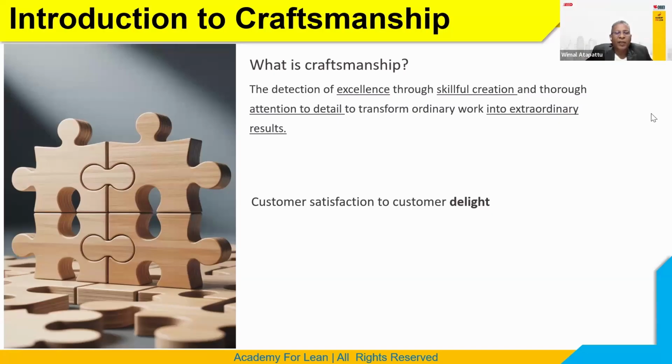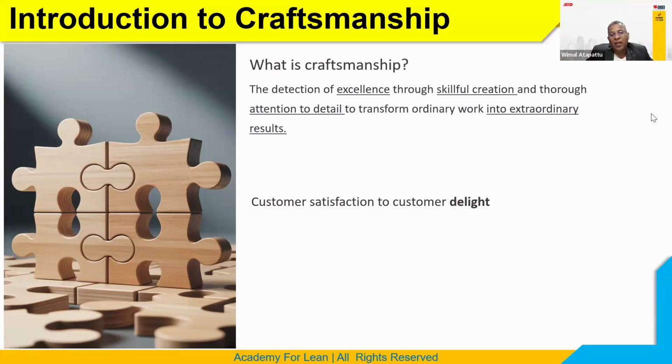They will not make a big fuss. They will accept that. Nobody will complain. But if you can ensure no thread ends inside the garments, that is attention to detail, right? That level of attention you give to your product or service transforms ordinary work into extraordinary results. So this is the definition of craftsmanship.